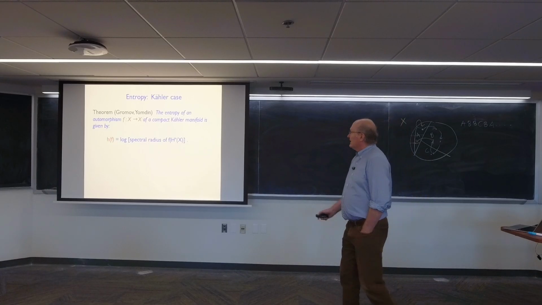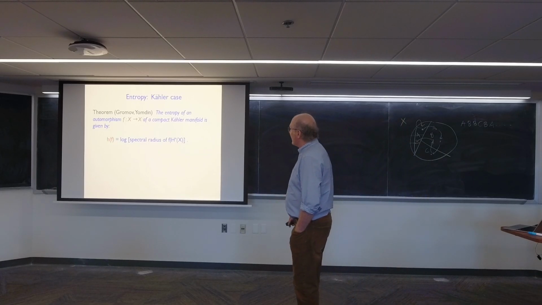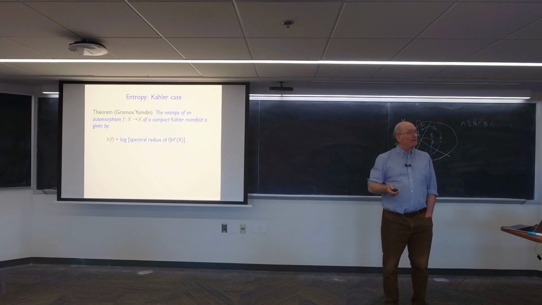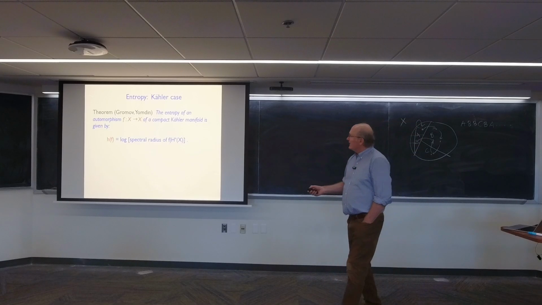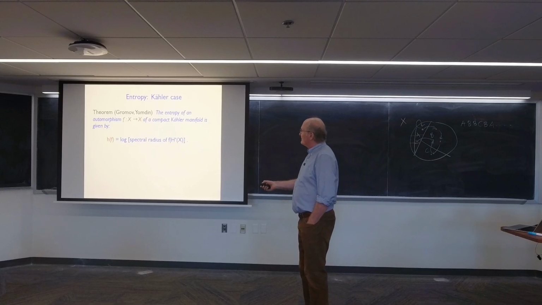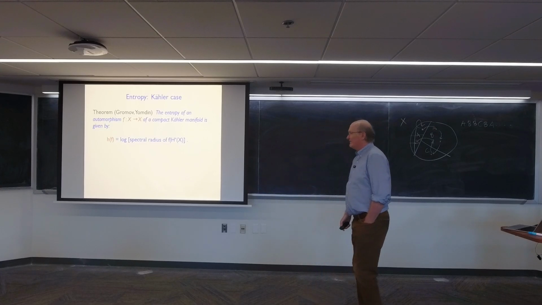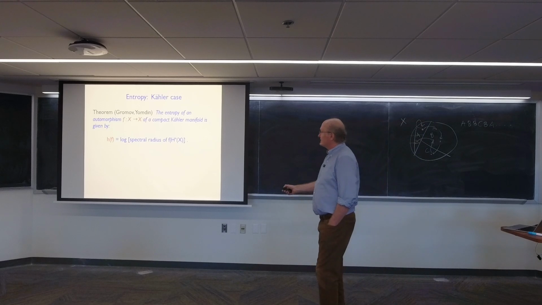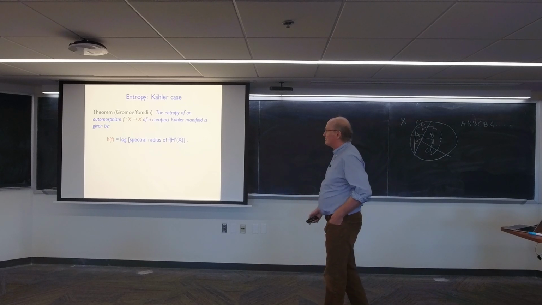it's Kähler, then Gromov and Yomdin proved the entropy is recorded by linear algebra. That is, you have this map on a space, but if you want to know its entropy, it suffices to know how the map acts on the cohomology of your surface, say with complex coefficients. And this is just the action on a finite dimensional vector space.